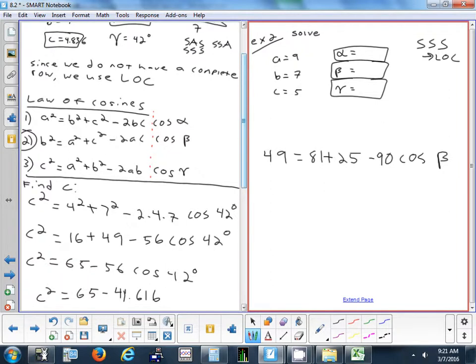What's nice about this one is because they gave us all the sides, usually they give you sides that are nice numbers, you're not going to have any decimals till you write the final answers. So you won't have to worry about any rounding till the end of the problem. Do we add the 81 and the 25 or do the 25 minus 90? 81 plus 25, yeah, you can't do 25 minus 90.